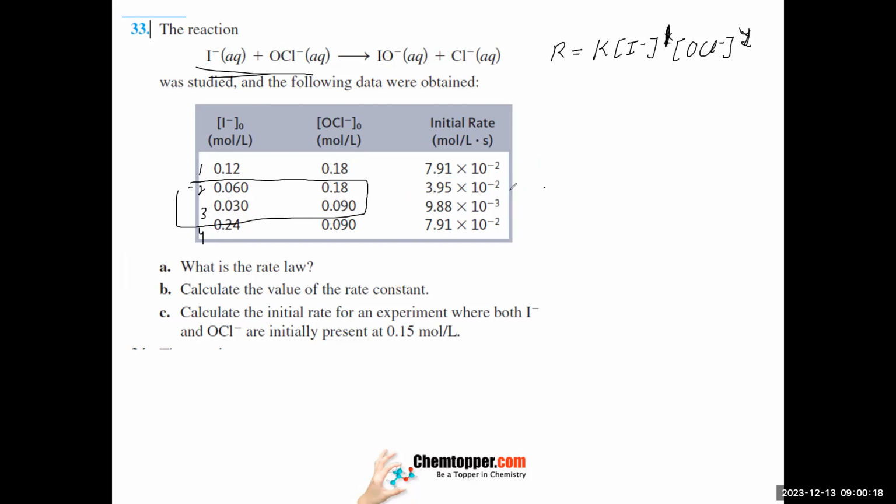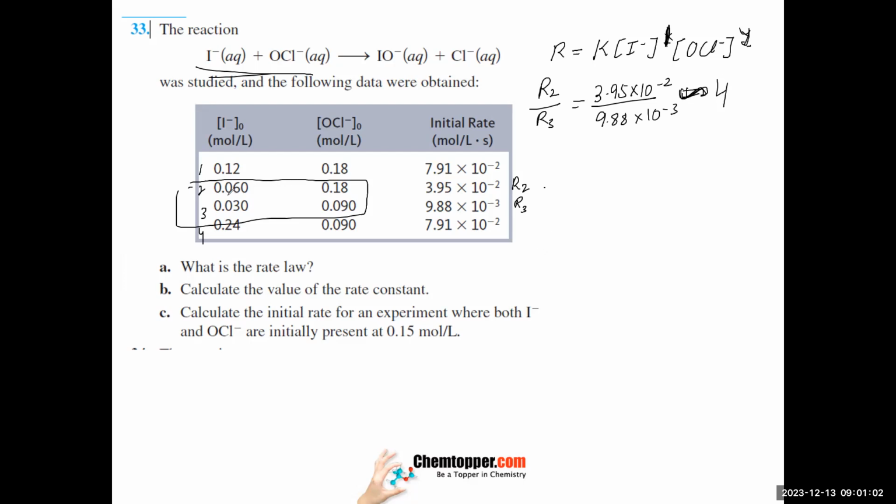What is rate? This is rate 3. This is rate 2. So rate 3 over rate 2. How much is that? Take the ratio. 3.95 times 10 raised to minus 2. Anyone doing calculations or ready to run out of the class? What's the answer here? Yes, children? It's 39.5 divided by, it's nearly 4. Nearly 4. I'm not using a calculator.